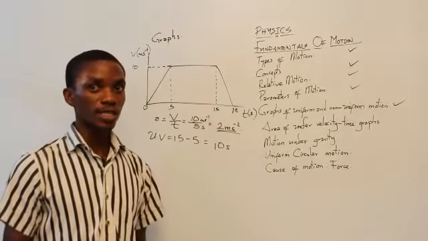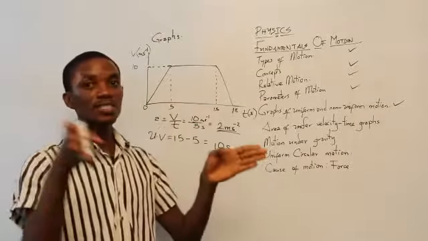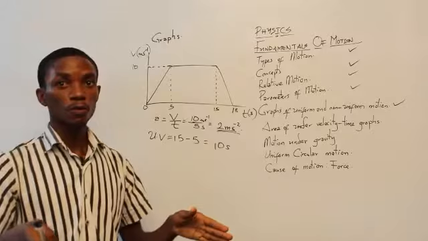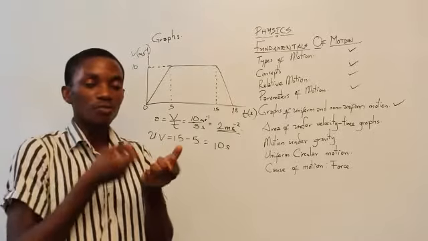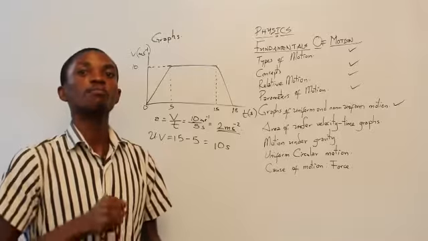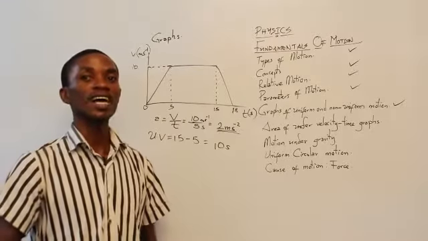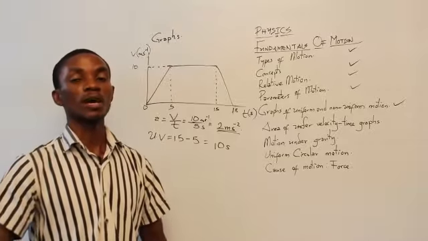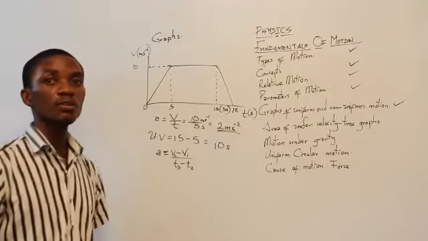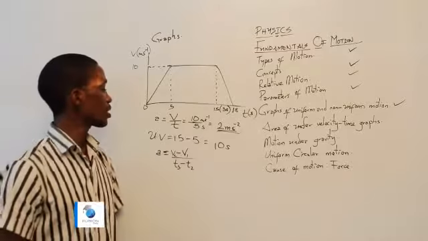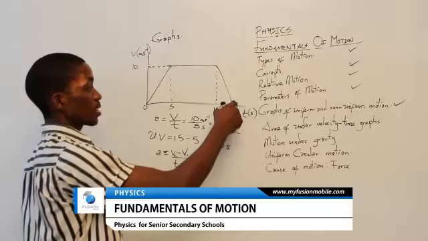Now we cannot use 18, neither can we use 15, because these are only pointers to the duration. What we need is the time duration of the deceleration, the time of braking, not the time the brake was applied or the time the car finally came to an end. So to calculate the deceleration, we take note of our final velocity, which is the velocity of stopping, that is 0 here.